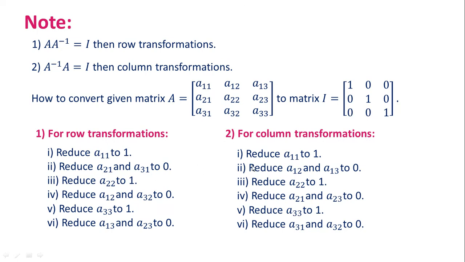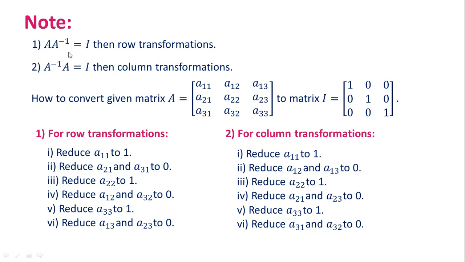So see the comparison. While performing row transformation we have to follow all these steps, and while performing column transformations we have to follow these steps, and the same transformations we have to apply on the RHS of whichever equation. If you want to perform row transformation, then use this equation, and if you want to perform column transformation, then use this equation.